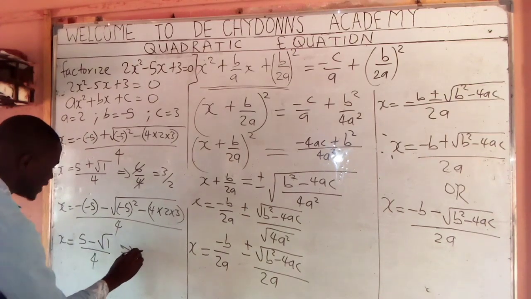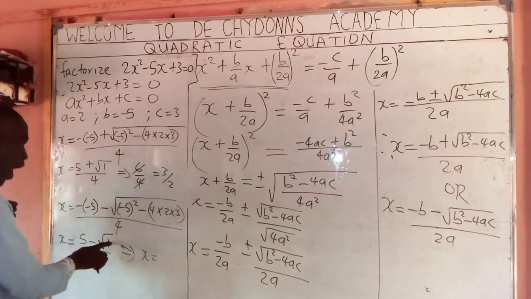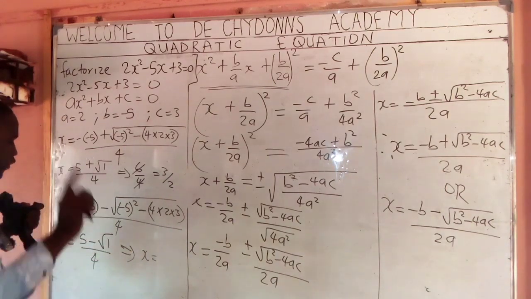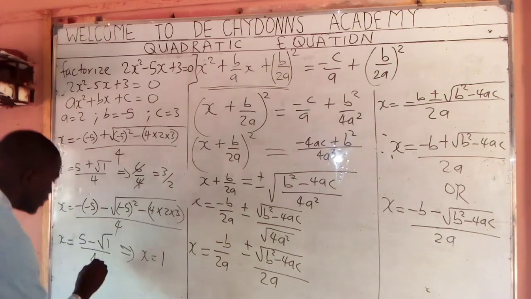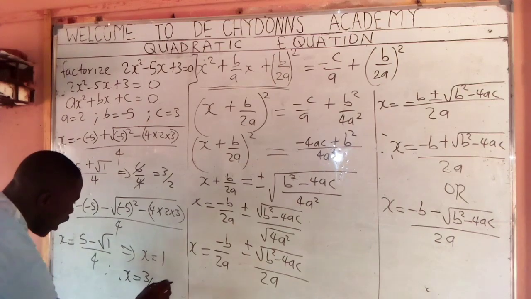Therefore x equals 5 minus 1, which is 4, 4 over 4 is 1. Therefore, x equals 3 over 2 or 1.